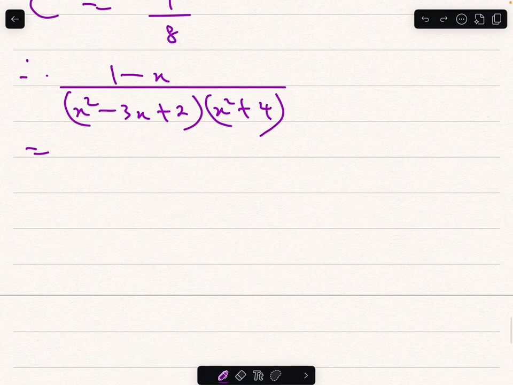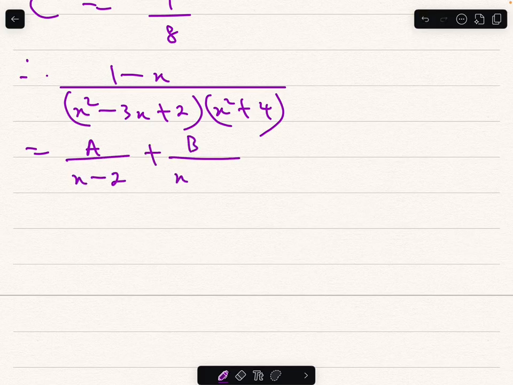Yes, we actually split that into 2 factors to get a over x minus 2 plus b over x minus 1 plus cx plus d.